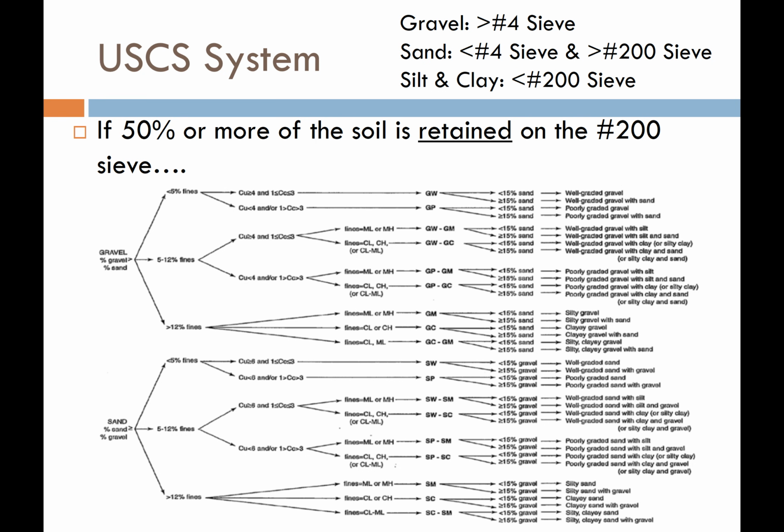All right. Now, if I have a predominantly coarse-grained soil, in other words, a gravel or a sand, you use just a flow chart just like this. You enter the flow chart on the left, and all you do is start moving to the right, answering the questions. And once you get all the way to the right, you have the symbol and you have the name. And those are the two things that we're after with the Unified Soil Classification System.